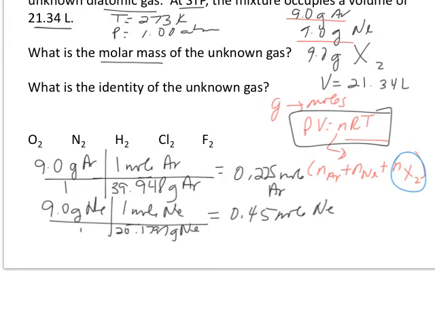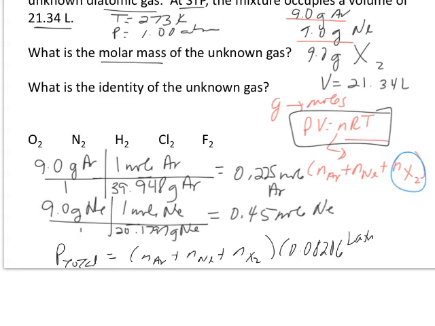Now, we're going to do PV equals nRT, and so this is P total equals N argon plus N neon plus N of X2, times R, 0.08206 liter atmosphere per mole Kelvin, times our temperature.